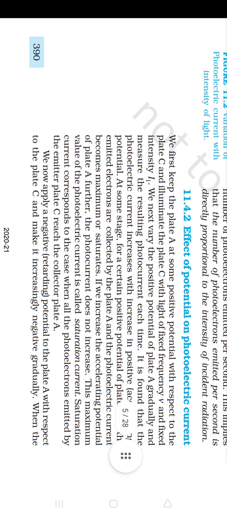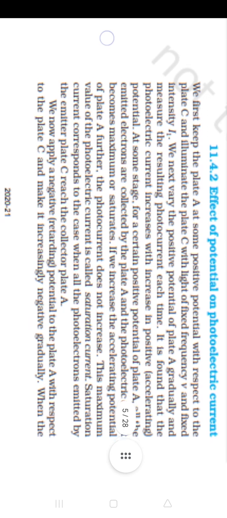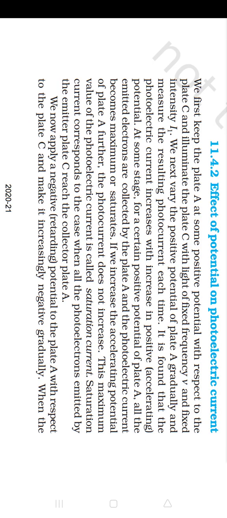11.4.2 Effect of potential on photoelectric current. We first keep the plate A at some positive potential with respect to the plate C and illuminate the plate C with light of fixed frequency nu and fixed intensity I1. We next vary the positive potential of plate A gradually and measure the resulting photocurrent each time. It is found that the photoelectric current increases with increase in positive accelerating potential.